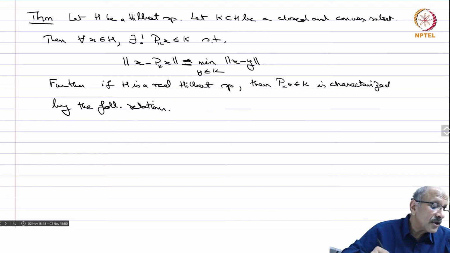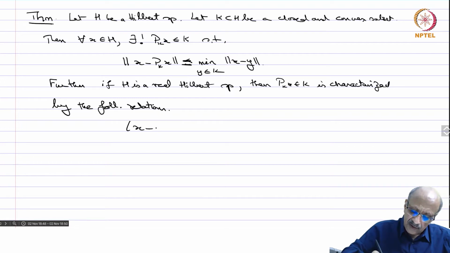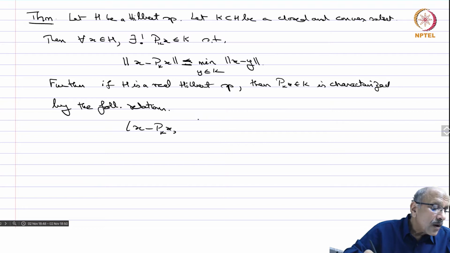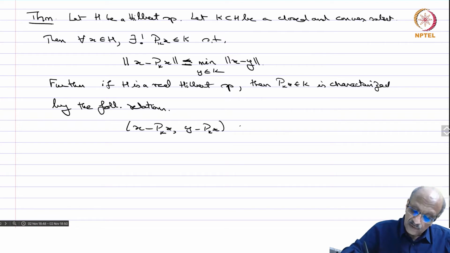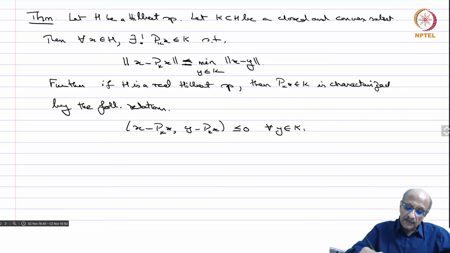Okay, what is the relation? The inner product of x minus P_K x and y minus P_K x is less than or equal to 0 for every y in K. So whatever y in K may be, this inner product should always be nonpositive, and there will be only one point which satisfies this. Okay.